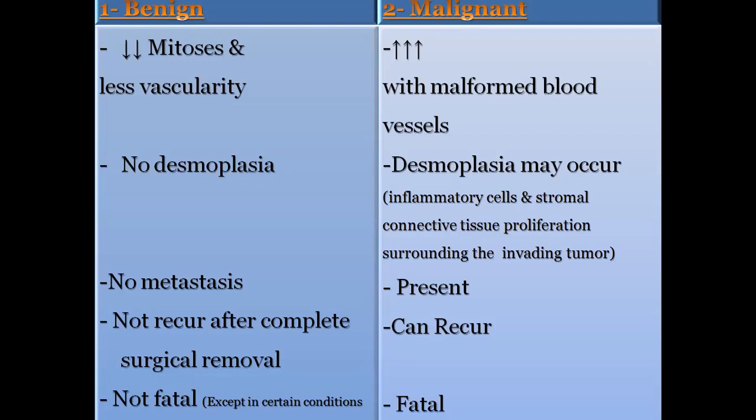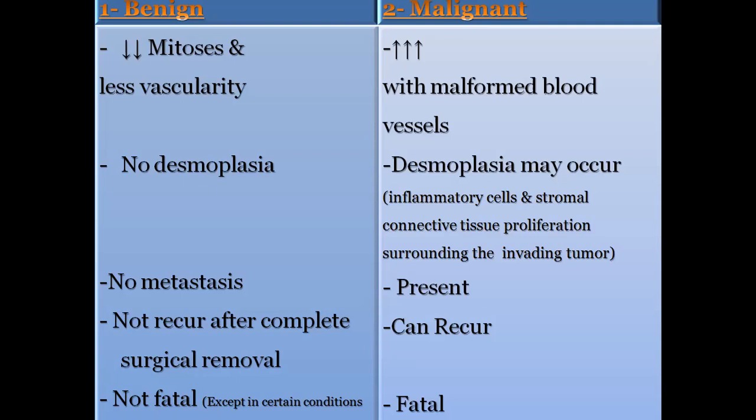This inflammatory reaction and the stromal proliferation or fibrosis are called combined desmoplasia. So desmoplasia is the background tissue reaction in the tumor, and desmoplasia is mostly present in malignant tumors.